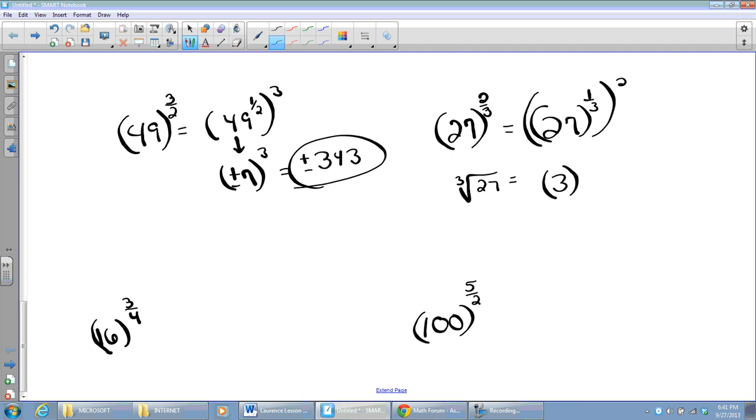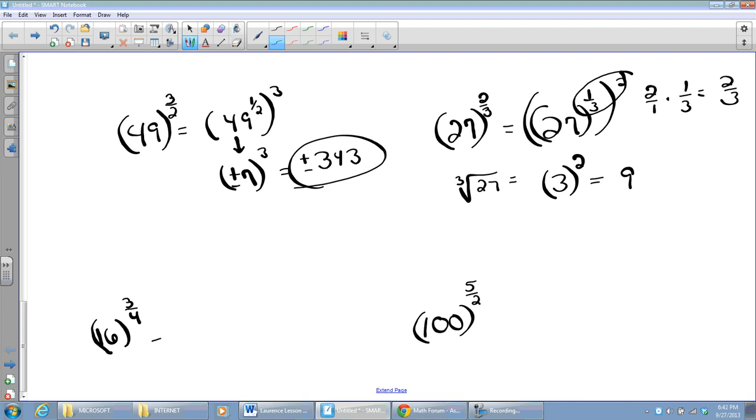And then I have to cube 3. No, excuse me, I keep getting those backwards. I have to square 3, right? I already did the cube right there. 3 squared is, of course, 9. And there you go. That's pretty easy stuff. If you're confused about how I'm doing this, ask yourself, what's 2 over 1 times 1/3? Well, 2/3. And I'm just working backwards from it.